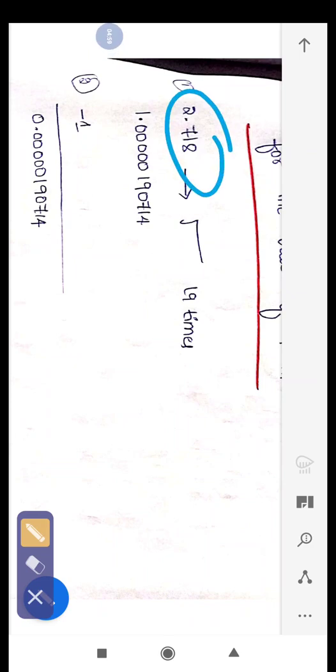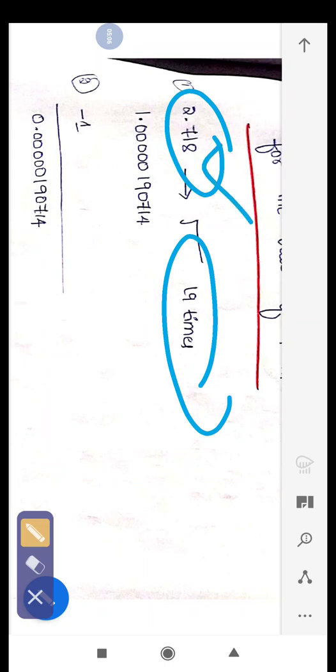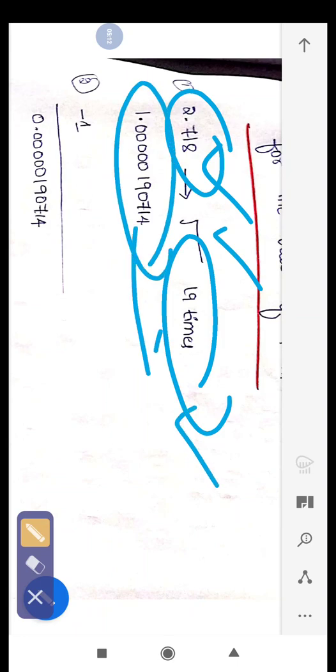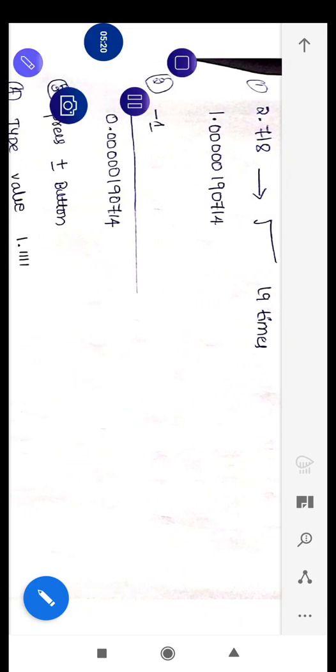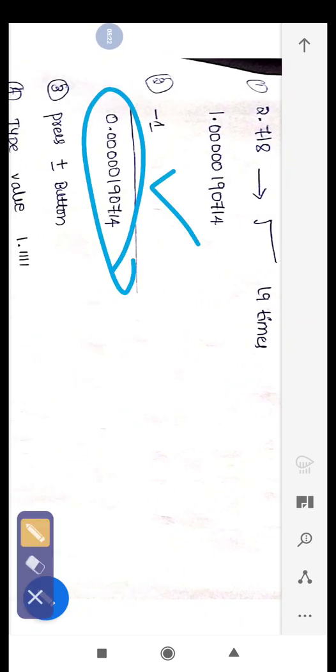Type this number 2.718 and press the square root 19 times. This is step number 1. You will get this answer. Note this number. After that, deduct 1 from that. You will get this number.